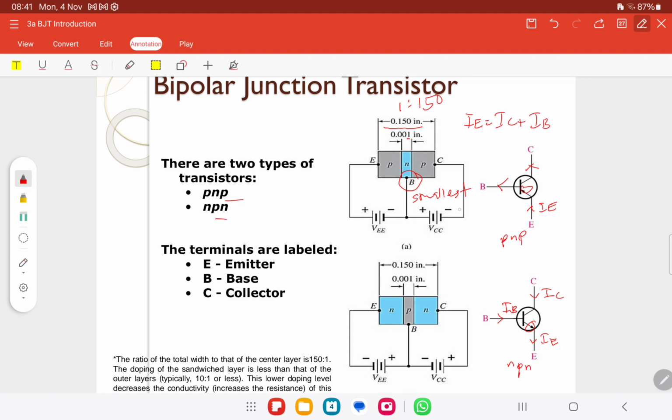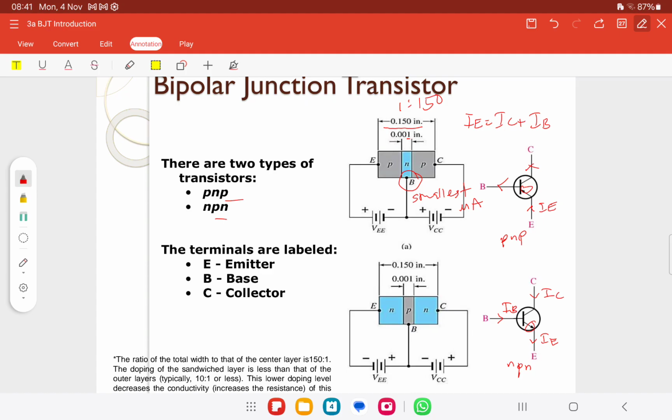Normally dalam microampere, the smallest value. Kalau you measure tiba-tiba ataupun you calculate tiba-tiba IB dapat value paling besar, mesti salah. Something is wrong in the calculation. Okay, value dia normally dalam microampere for IB, for both PNP ataupun NPN.